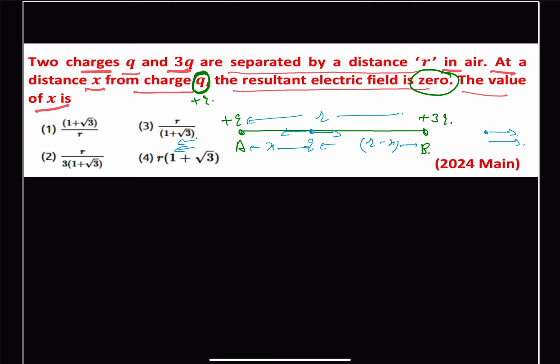And at this point we are given that the resultant electric field is 0.